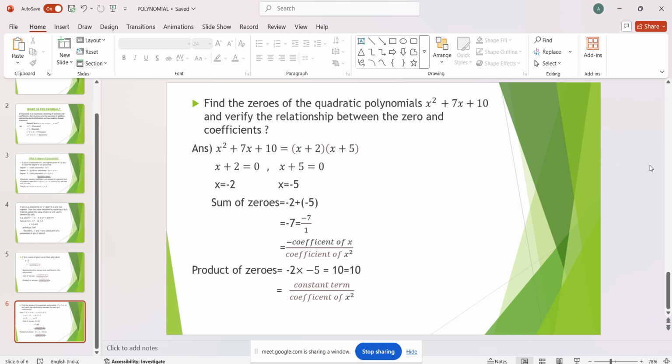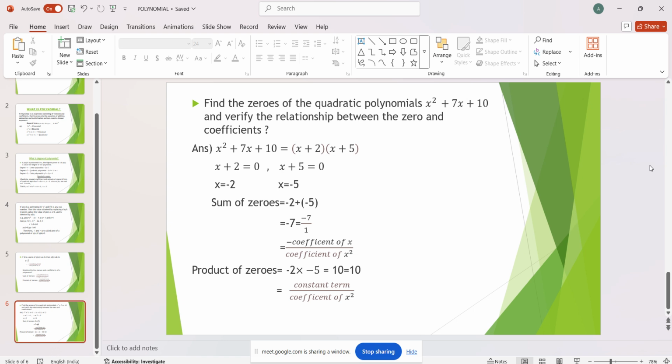These two are the zeros. Find the zeros of the quadratic polynomial: the first zero is minus 2 and the second zero is minus 5. Look at the sum of zeros: minus 2 plus minus 5 is minus 7, which I write as minus 7 by 1.